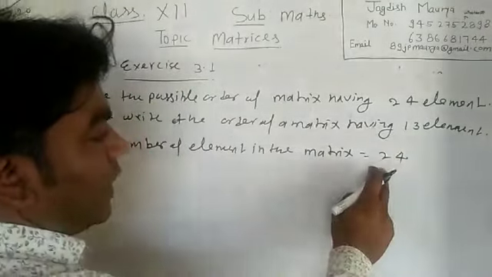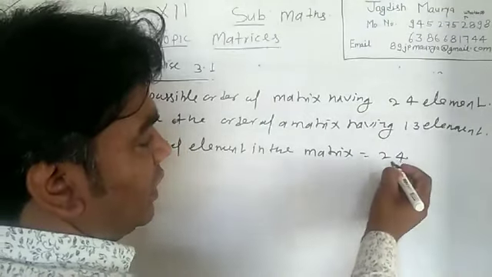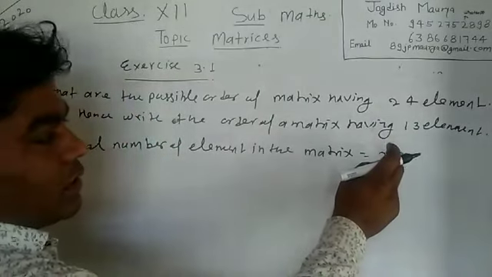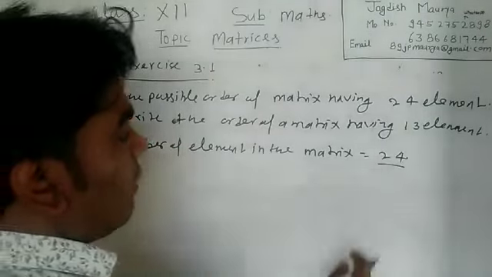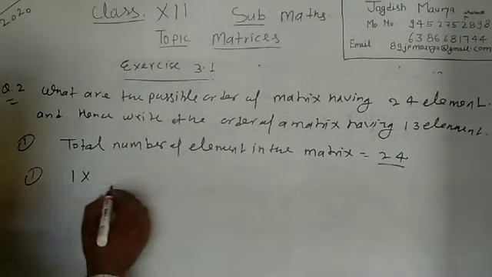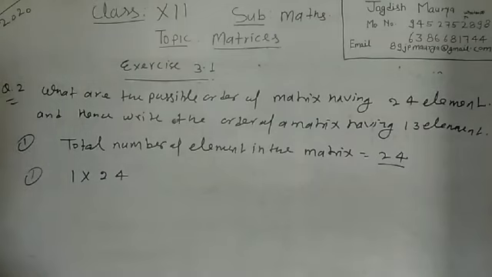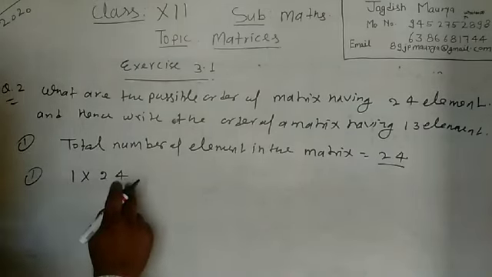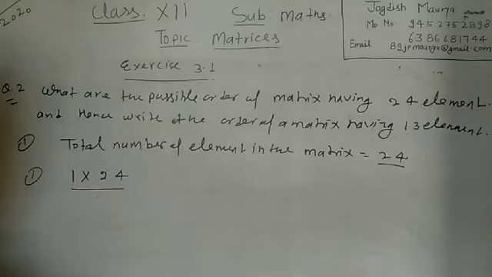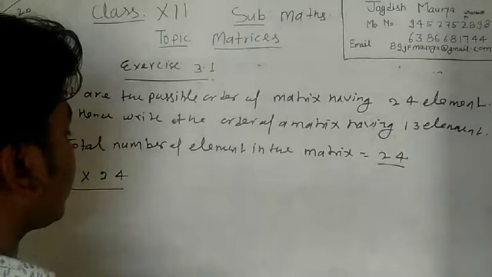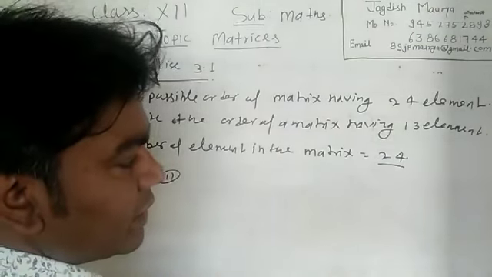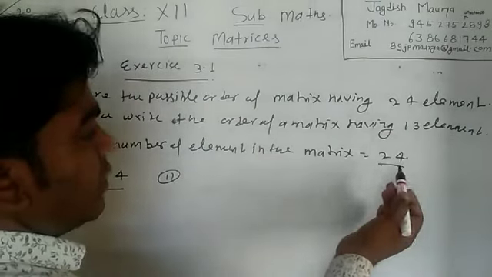Order means we have to find two factors of 24 such that their product equals 24. The first factor is 1 and the second factor is 24, such that their product equals 24. So the first possible order is 1 by 24.